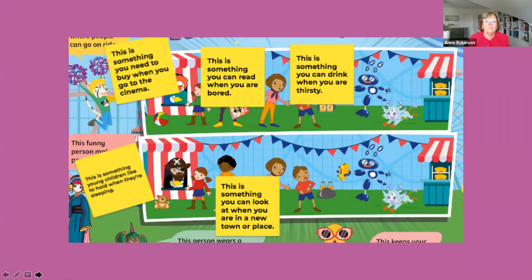I created a Jamboard for this. You can get students to write their own sentences, and then get them to drag the post-its, these little cards, into the place in the picture where the thing is.